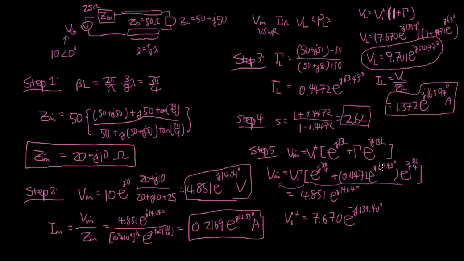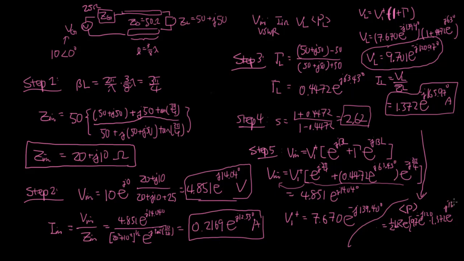So the final thing that you want, we'll just use this little corner here, is the time average power density, which is going to be equal to 1/2 the real part of this 9.7 e to the j minus 120 degrees times the conjugate. So 1.372 e to the, and then don't forget to change the sign because it's conjugate.